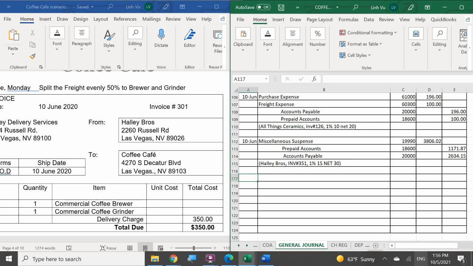This is a split fee. The shipping. So that means there were separate shipping charges for delivering the coffee brewer and coffee grinder. In this case, is that common, that it comes as a separate bill, or does it not come in one bill?